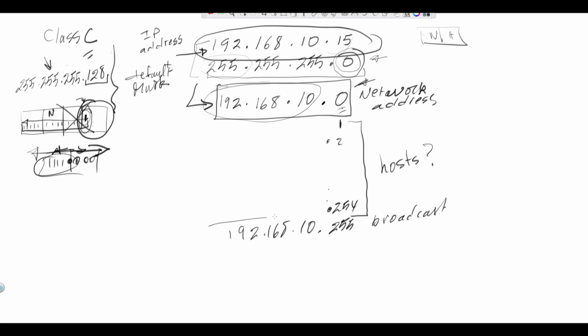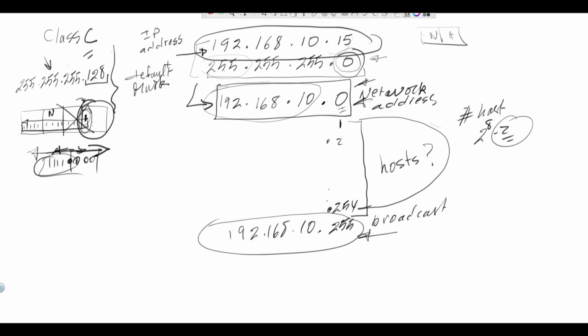This is a broadcast address, so it's a special address. So that is why the number of possible hosts will be 2 to the 8 minus 2. The reason we have that minus 2 is because one is reserved for the network address, the other one is reserved for the broadcast address. So that leaves us with these values right here of possible hosts.